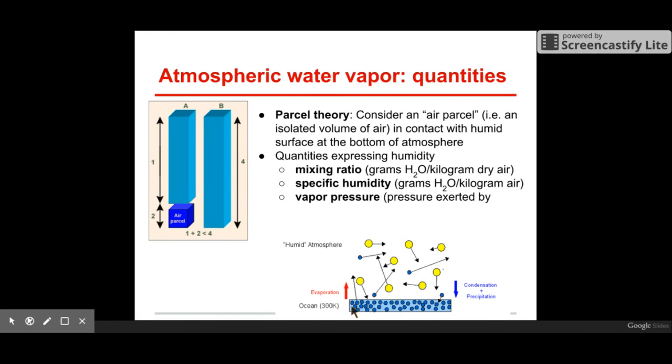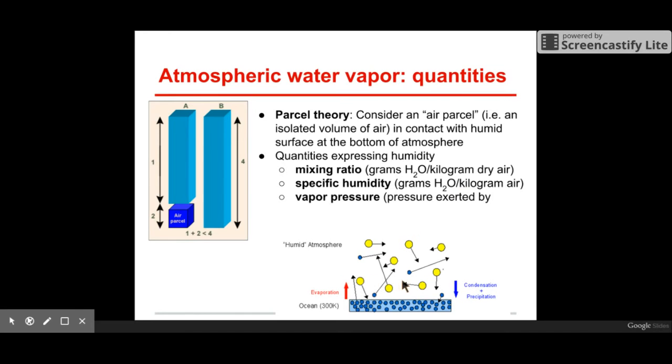In the ocean or in the water below, this represents liquid water, and these molecules are in their liquid state. Note that we are in vapor equilibrium, which means that the amount of evaporation into the parcel equals the amount of condensation and precipitation out of the air parcel.